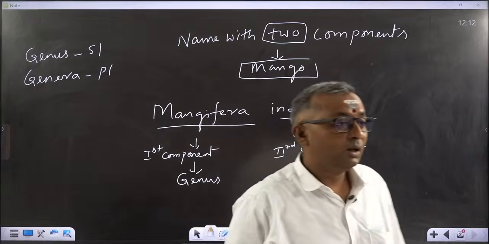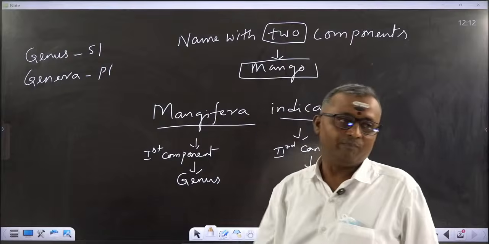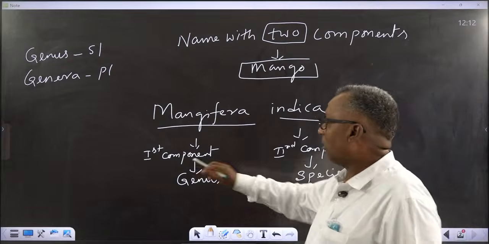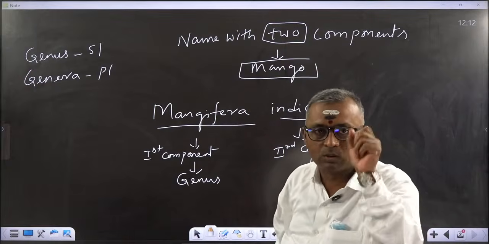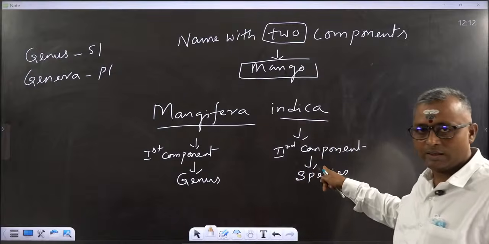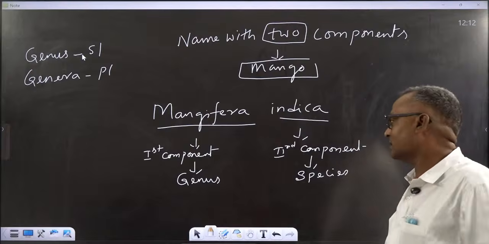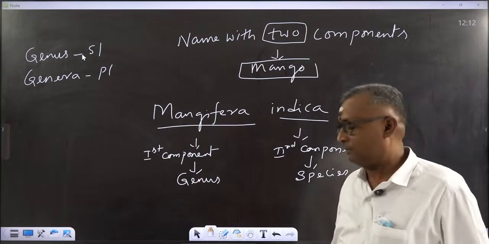What is singular word? Genus. What is plural word? Genera. And remember, you can call it as generic epithet. Epithet means word. You can also call it as specific epithet. This is the nomenclatural system.